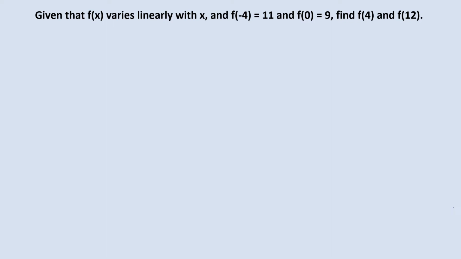So to begin, we have an example here that says, given that f of x varies linearly with x, and f of -4 is 11, and f of 0 is 9, find f of 4 and f of 12. We are given 2 ordered pairs, which are -4, 11, and 0, 9.